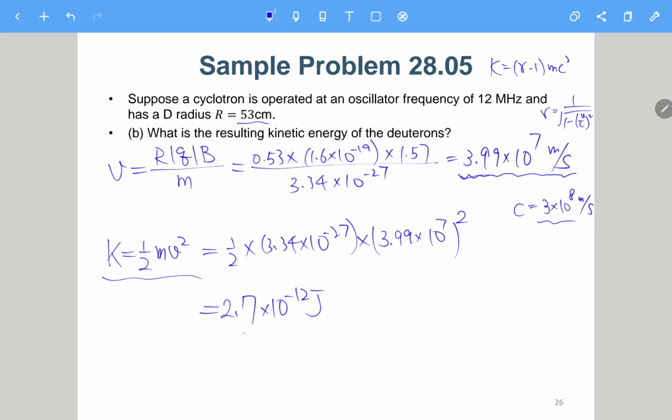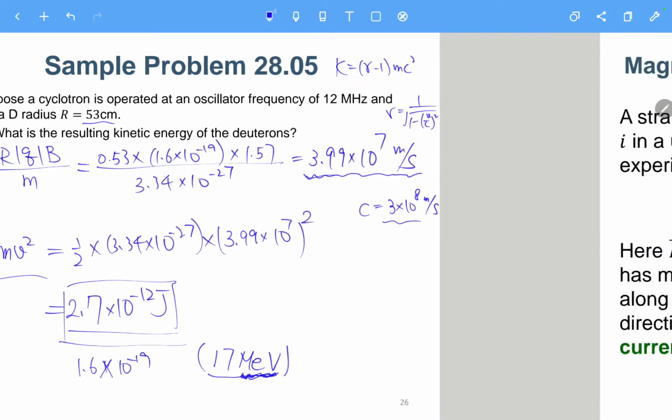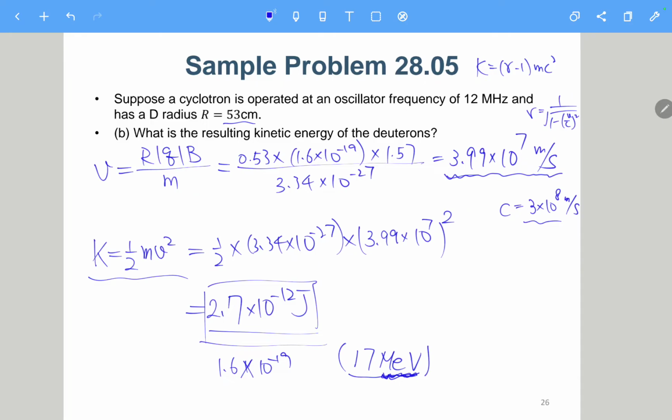If you convert it to eV, you just divide this number by 1.6 times 10 to minus 19, then it becomes 17 mega eV. Considering this unit, the kinetic energy is not that large. So I think this sample problem is quite easy.